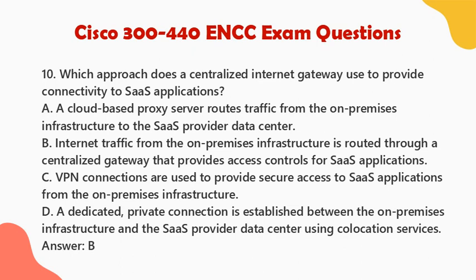C. VPN connections are used to provide secure access to SaaS applications from the on-premises infrastructure. D. A dedicated, private connection is established between the on-premises infrastructure and the SaaS provider data center using colocation services. Answer: B.